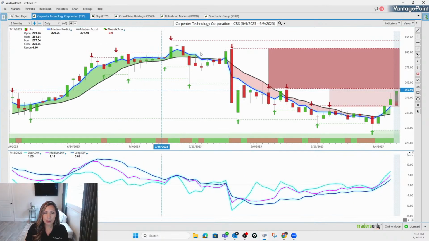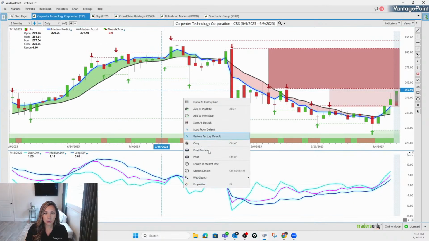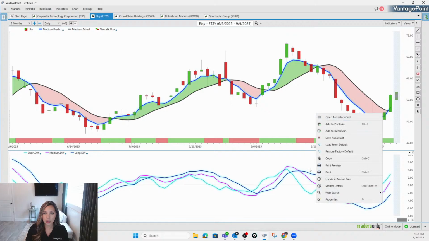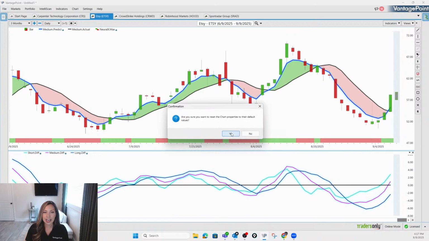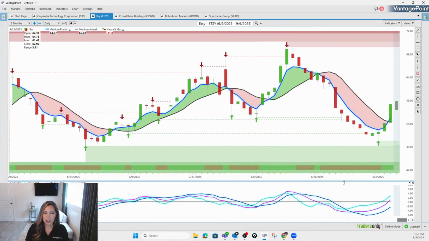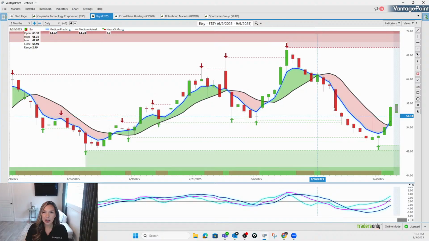I'm going to just right click and save this chart as our default so we can actually apply those properties to our support and resistance over here. We'll just load from default, and that way I can get that support and resistance on there pretty quickly. There we go. So all sorts of little shortcuts here from a software standpoint that we can utilize to make your analysis just so much easier, in combination with, of course, the predictive data as well.